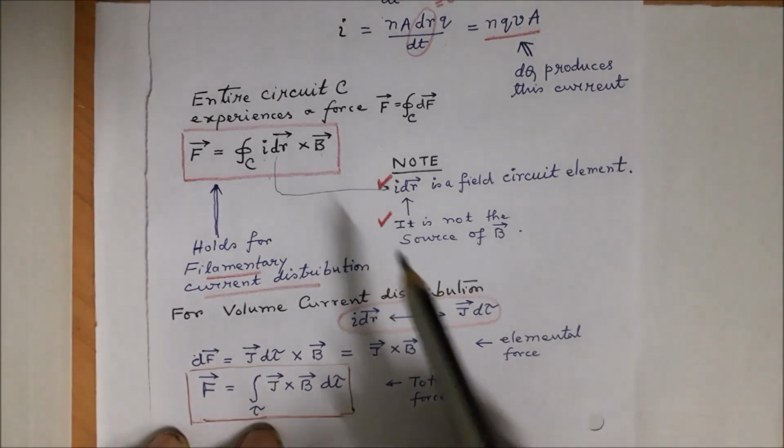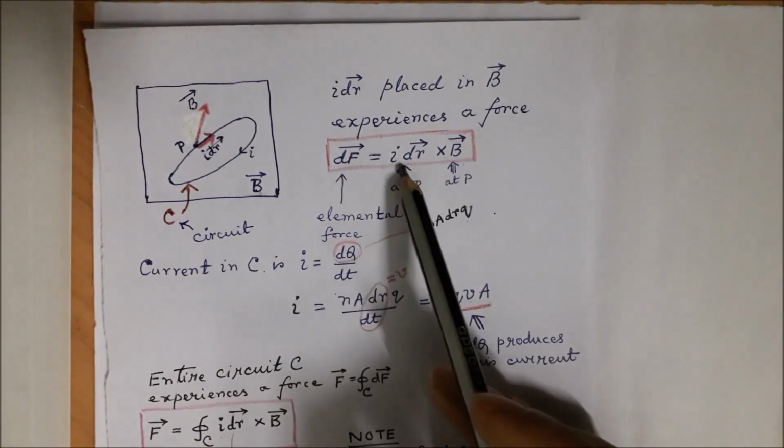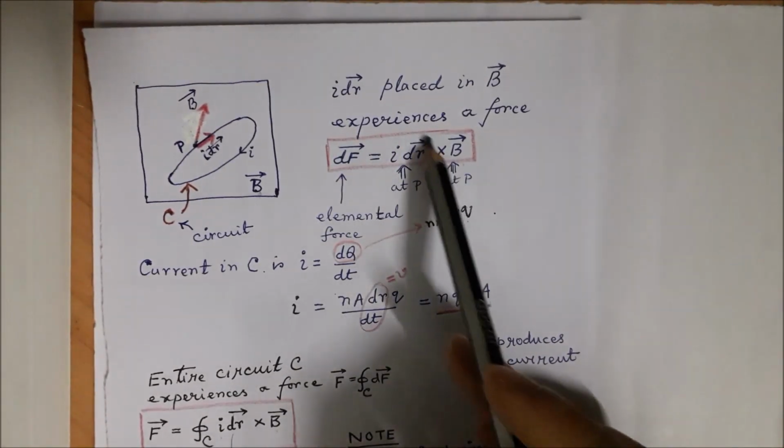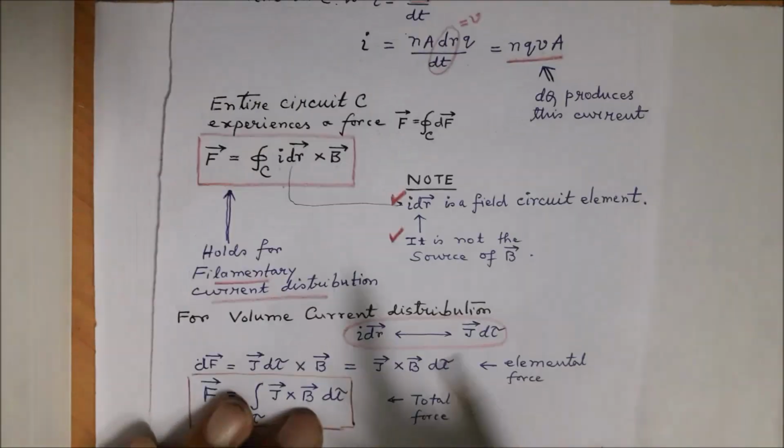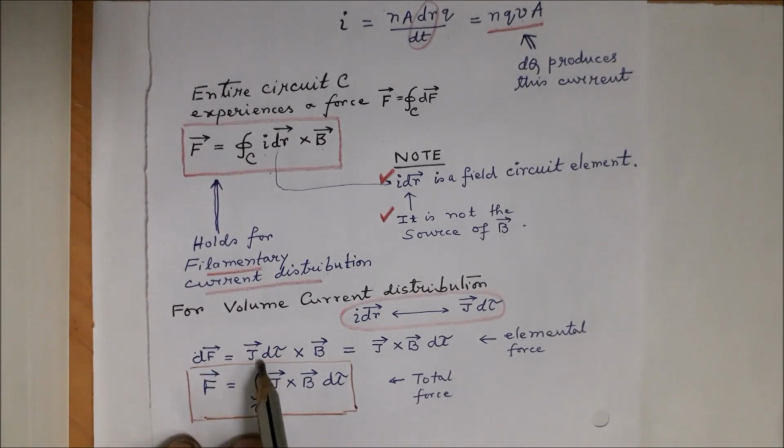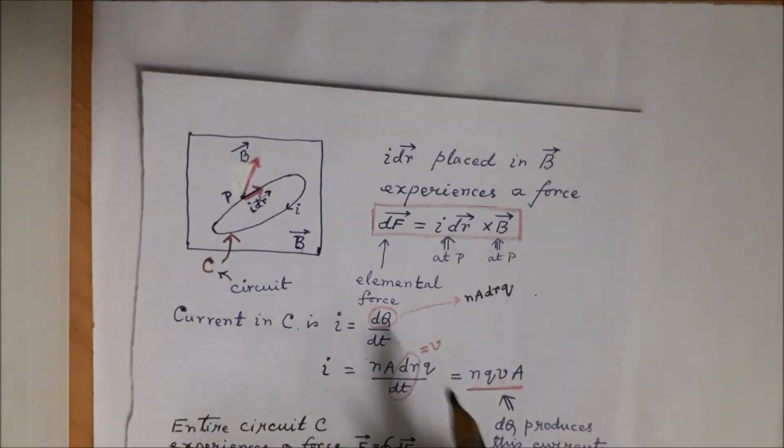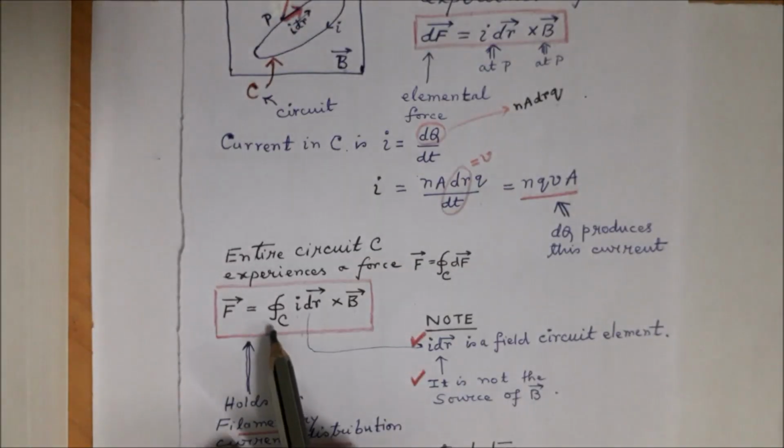Now here we have df equal to I dr cross B, so instead of I dr we put j d tau to end up with j d tau cross B. So this is the elemental force, and if we integrate over volume tau, then we end up with the total force. Obviously there will be no circle sign because a volume is always closed, but for a closed circuit we have to put a circle sign.